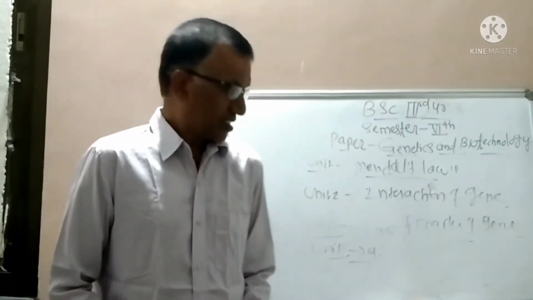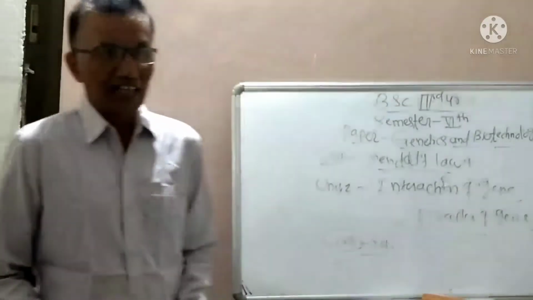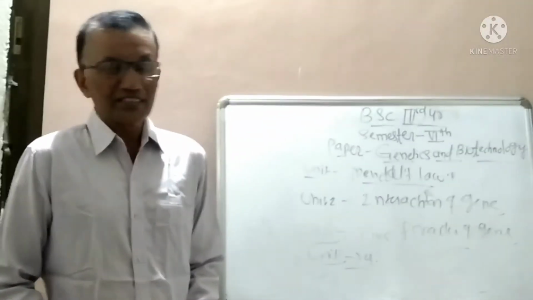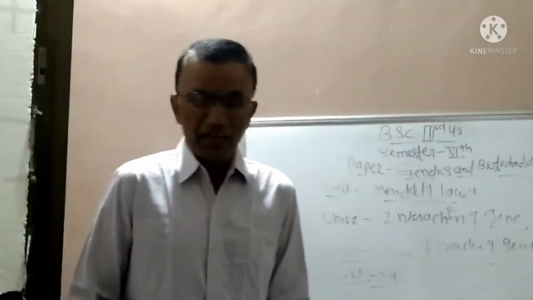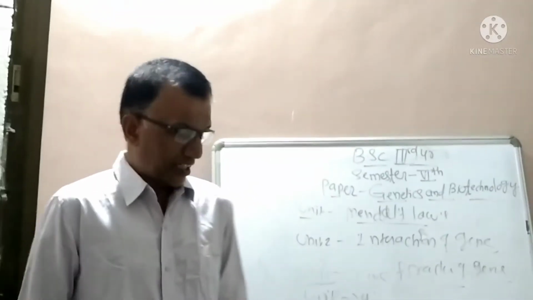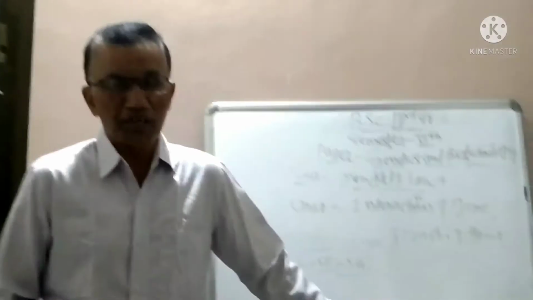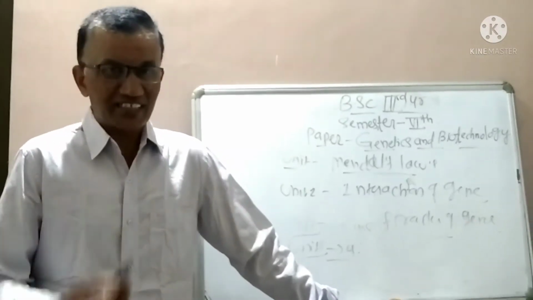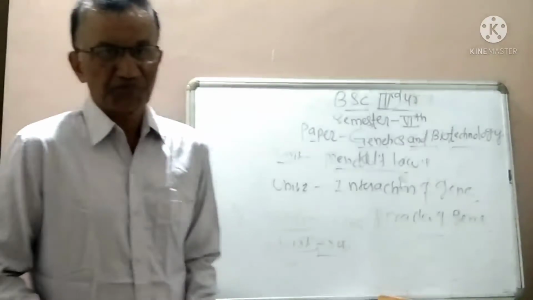There are many gene-related diseases in human beings, but three important ones are mentioned for your syllabus: alkaptonuria, phenylketonuria and amniocentesis. These three things are very important.